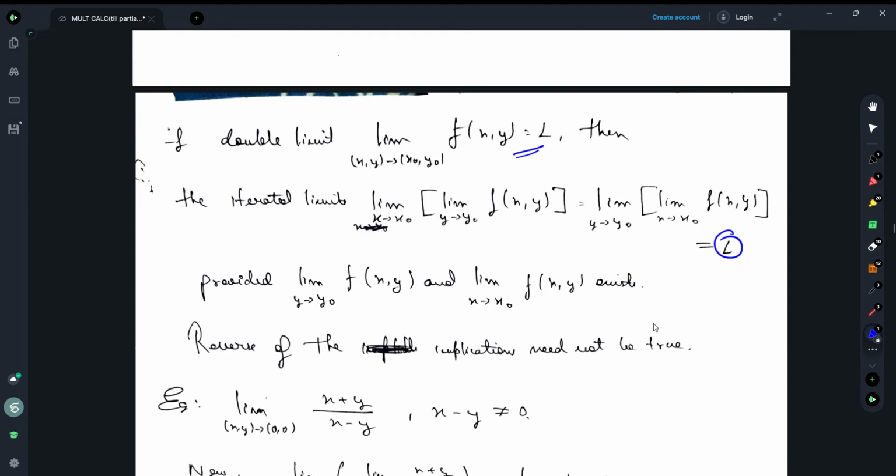See, I already said that as (x,y) tends to (x0,y0) here, (x,y) is also tending to (x0,y0) here as well. But what we are doing is taking a different path. Okay, here we are taking a different path.